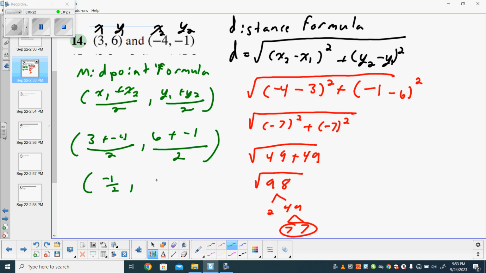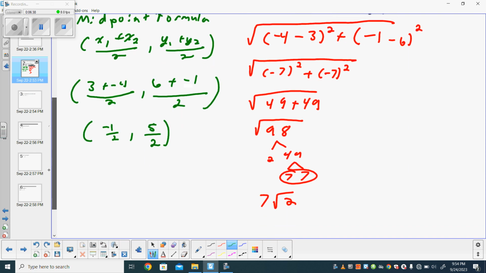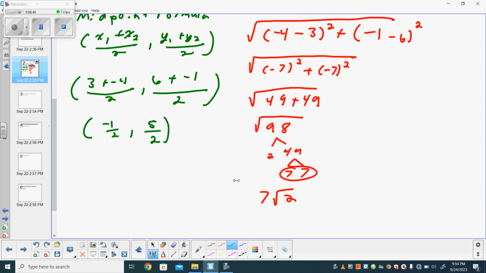And then 6 plus negative 1 is 5 halves. There you go. Those are the first two things I'll be asking, the midpoint formula and the distance between the 2 points.